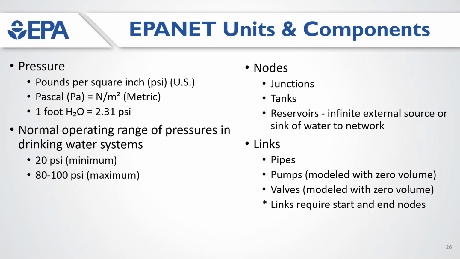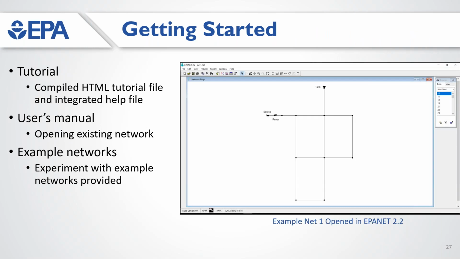Links are another component in EPANET, and these include pipes, pumps, and control valves. Links must have both a start and end node. Pumps and valves are modeled with 0 volume, so basically they're just a connection between 2 nodes, but they have no volume associated with them. If you have any questions, please reach out to us. Next slide, please.